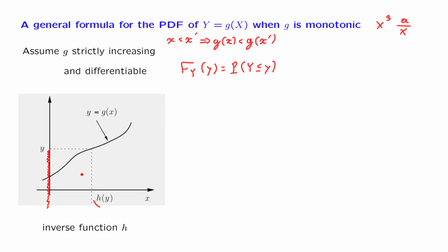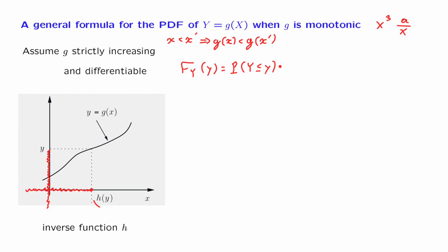When does this happen? For y to take a value in this range, it must be the case that x takes a value in this range here. Values of x smaller than this particular number result in values of y that are less than or equal to this particular number.